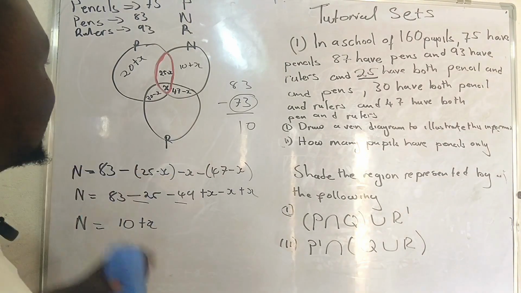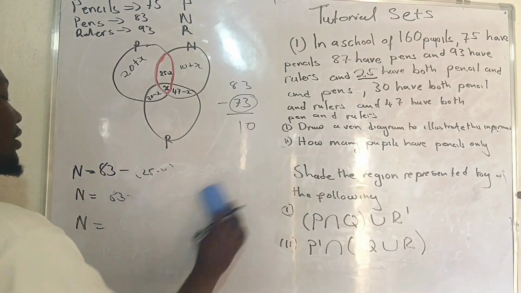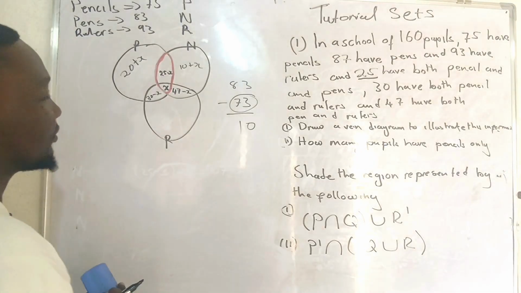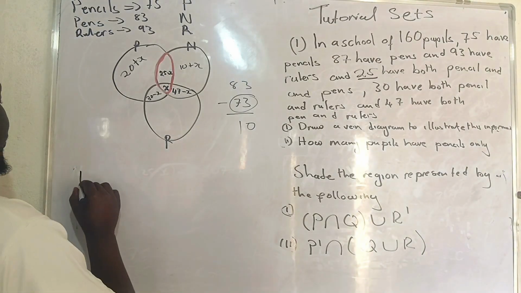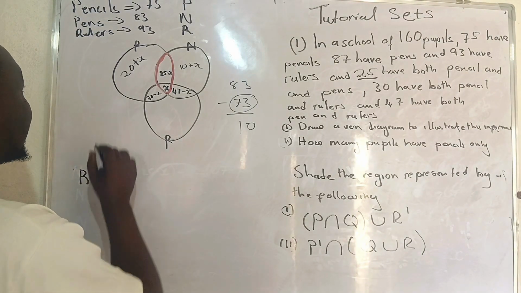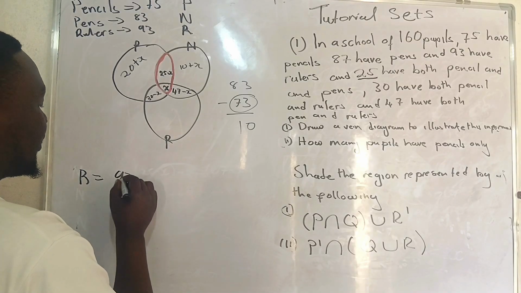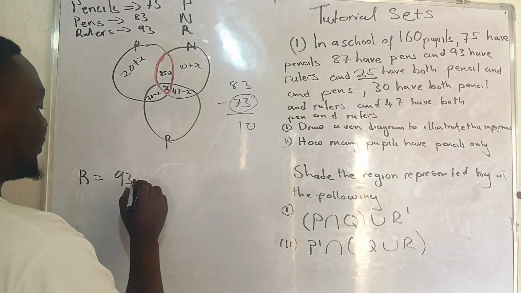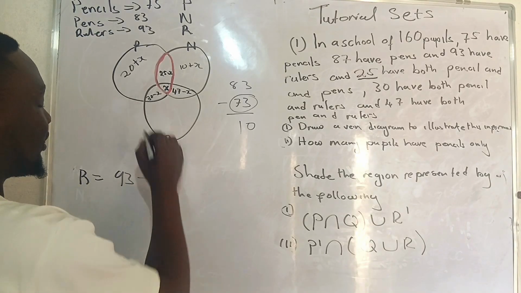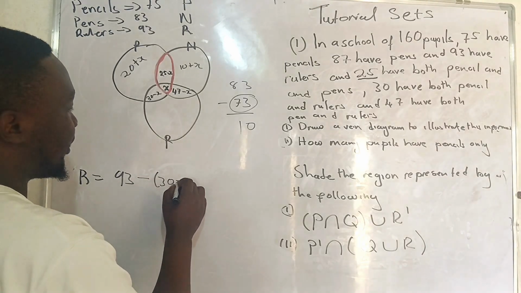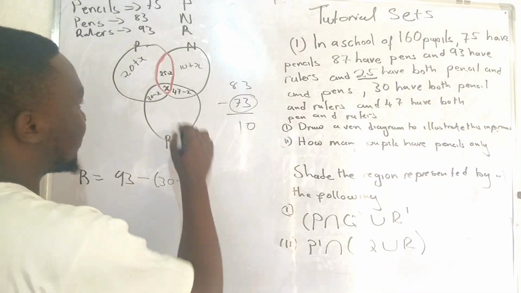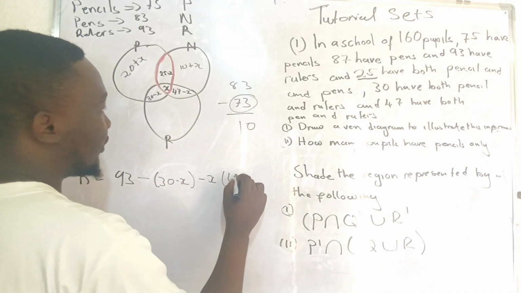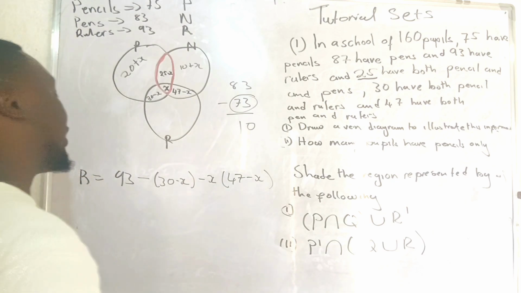So let's calculate the representation of that region R, which represents rulers. Total for the region is 93. That is the total for the region. 93 minus that region 30 minus x, minus that region x, minus 47 minus x.